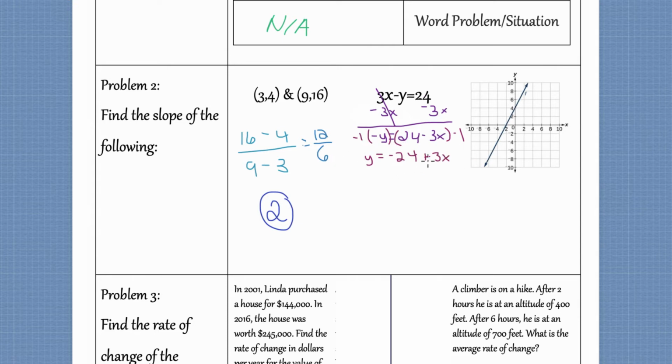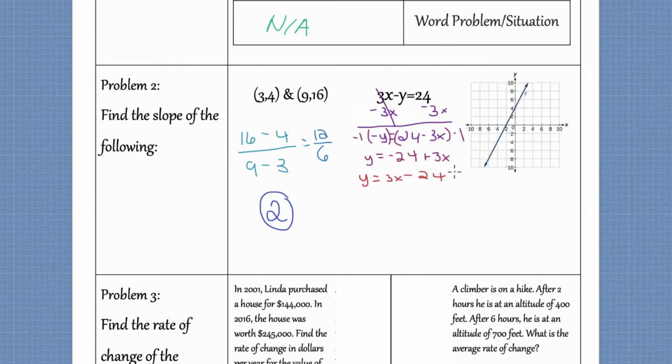So this is our simplified equation right here, but we need to rearrange this to get it into that y is equal to mx plus b form, because the x term should be before the constant term, which is negative 24. So instead of writing that, I'm going to rearrange the right side to make it look like y is equal to 3x minus 24.